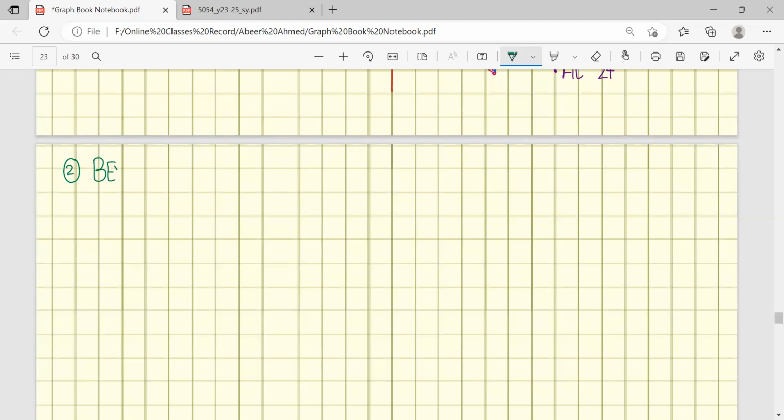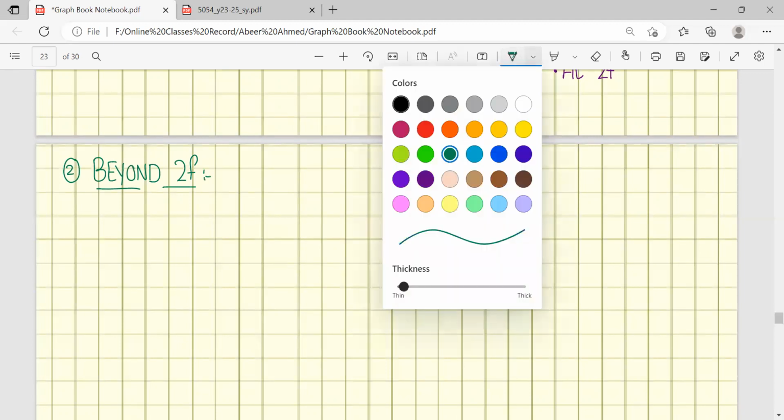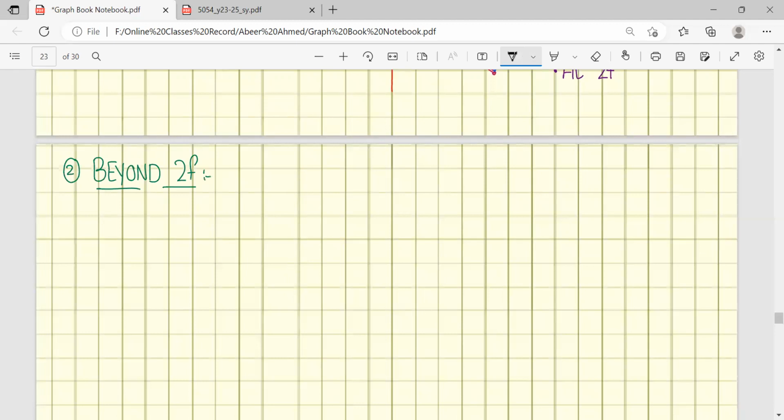So this is our second condition. When the object is placed beyond 2f, which means that now the object is placed far away from twice the focal length, right? So again, we take the principal axis and there is a convex lens, right?